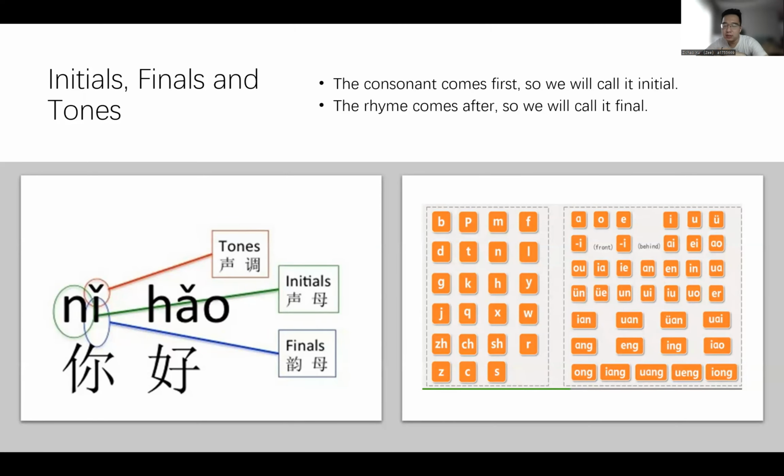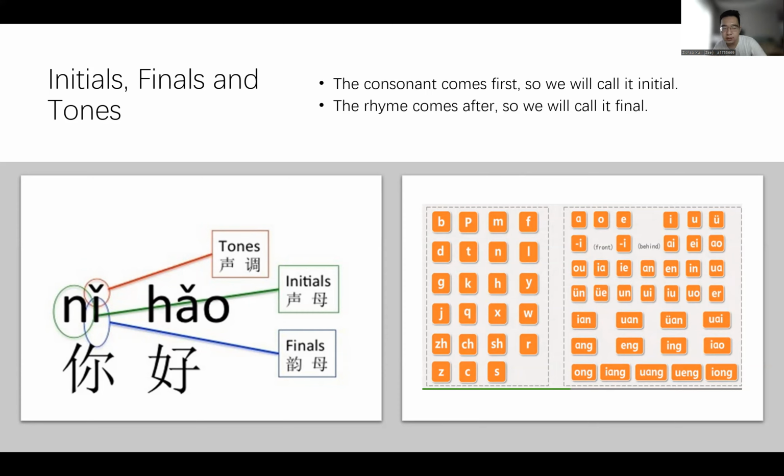How do these Latin letters make up pinyin? Unfortunately, those Latin letters have their own names in Chinese. Unlike English or German, they are pronounced totally differently. Let's take 你好 as an example, especially 你.